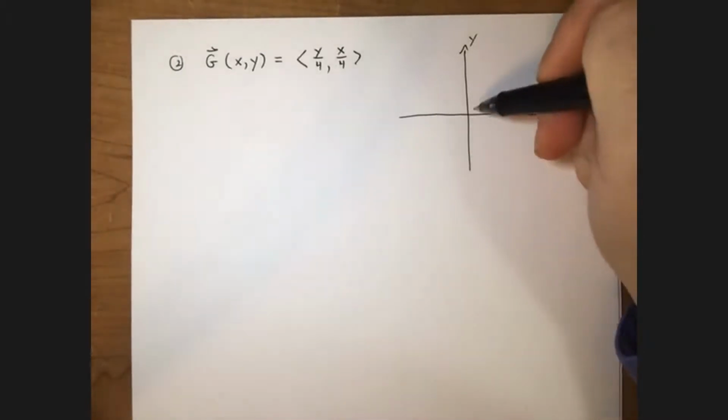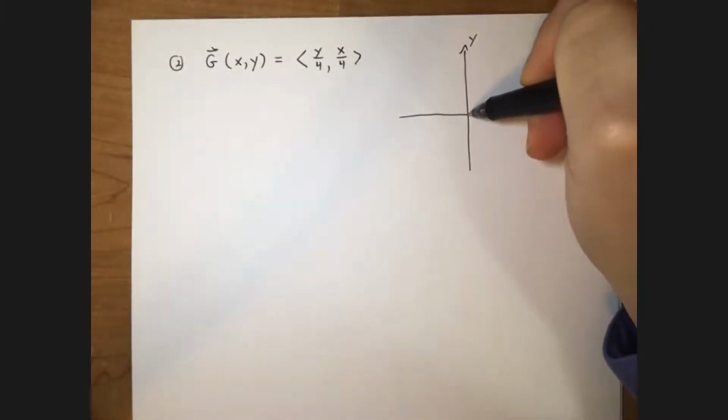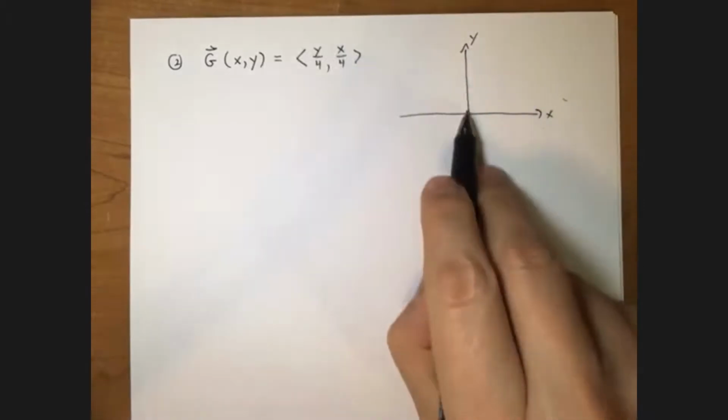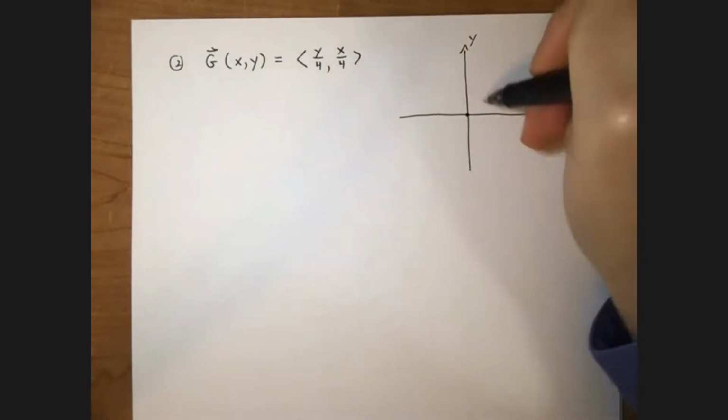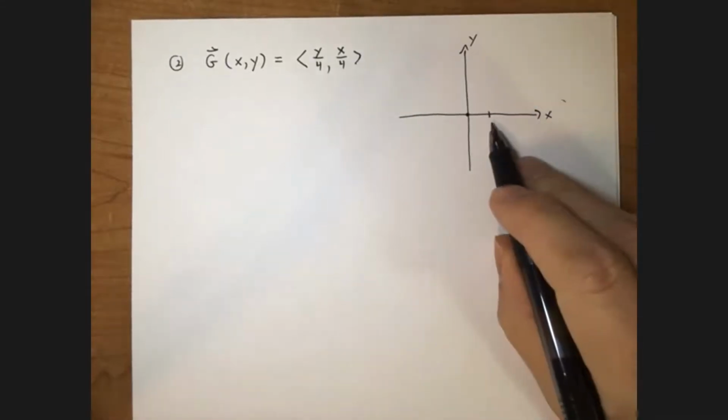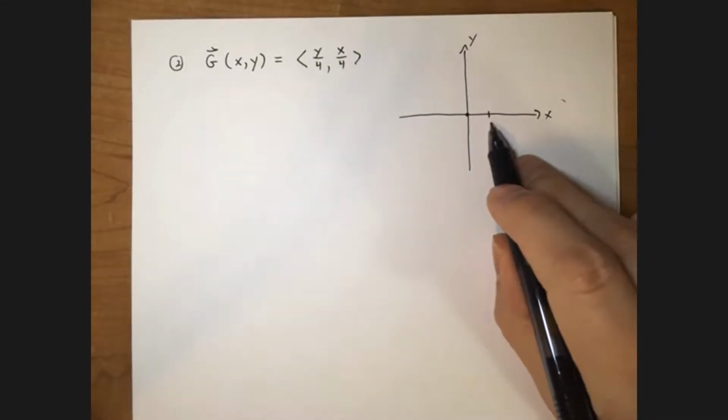If I go to the origin 0, 0, x and y are both 0, so this becomes 0, 0. This is the zero vector, just like before. If I go to the point 1, 0, now x is 1 and y is 0.